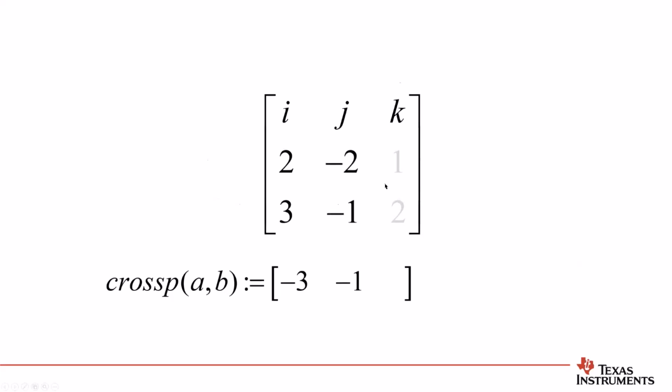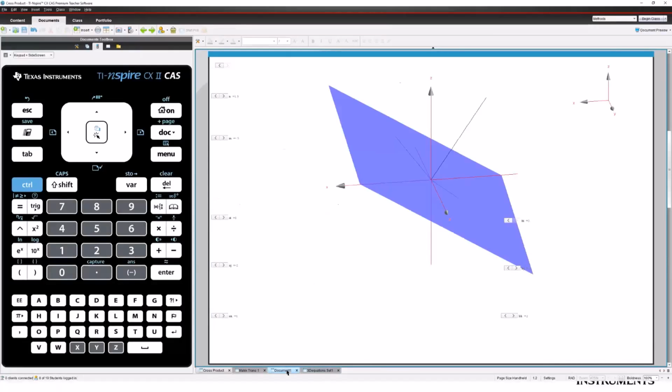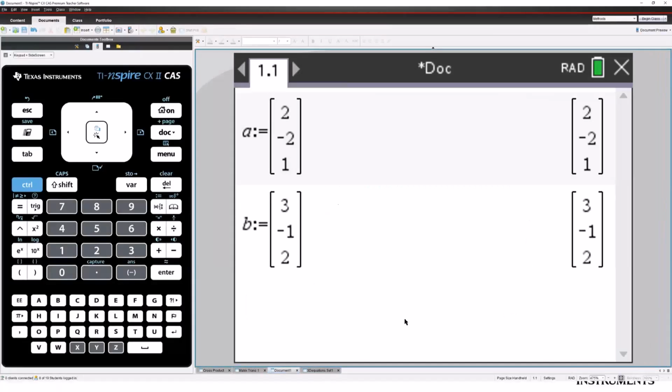We cover up the K direction and calculate the determinant there. So we've got -2 minus -6, so that makes it 4. So there's our cross product. Nice. I suspect that's what it's referring to. Yeah, it is. So that's what we do by hand.